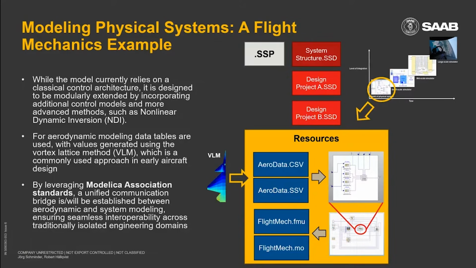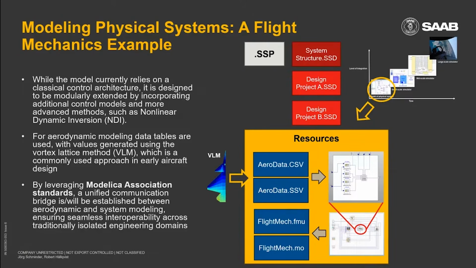What you see here is an example for the aerodynamic model. We have the SSP structure, which Robert explained already, where within this SSP structure we can have different design projects, project A, project B, and all these projects have the possibility to take information and models out of this resource file.